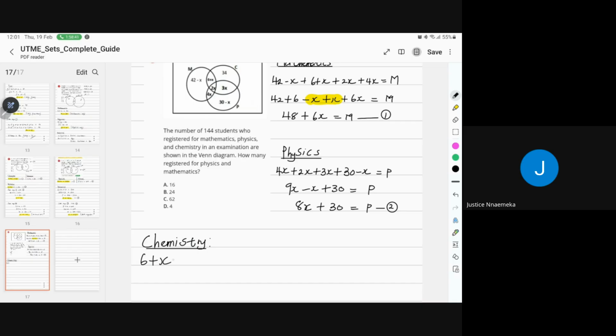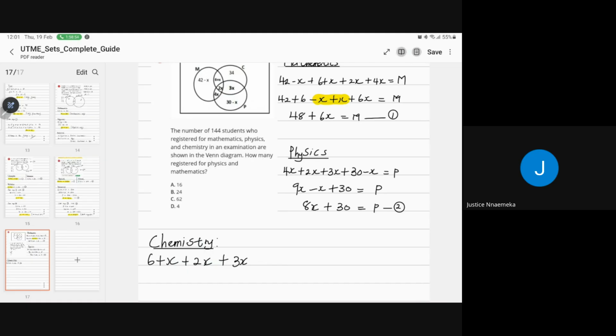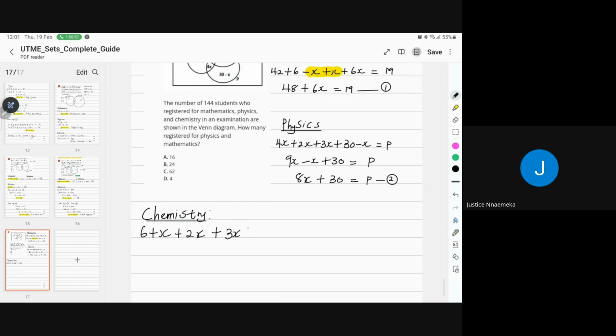We have 6 plus x plus 2x plus 3x plus 30, plus 34 equals C. So 34 plus 6 will give us 40. So 40 plus 3x plus 2x, 5x. This is 40 plus 6x equal C. That's our equation number 3.